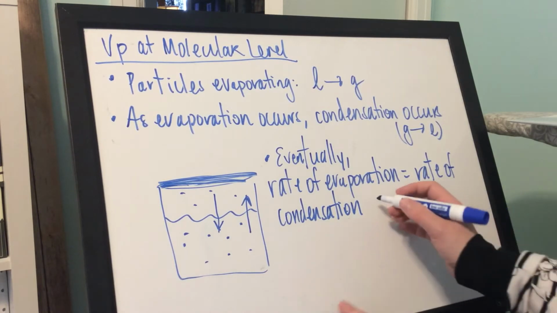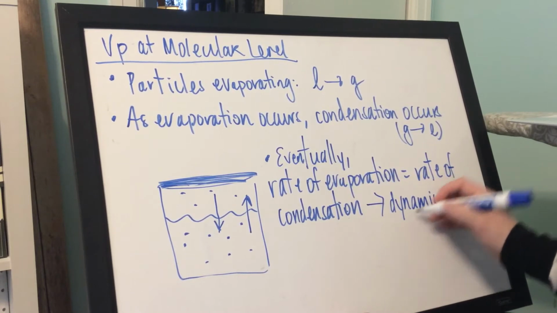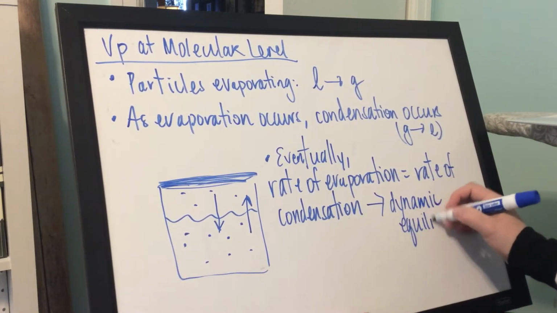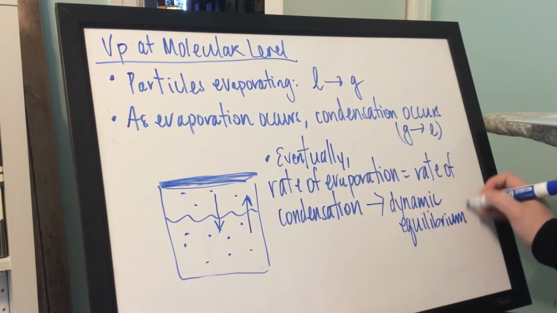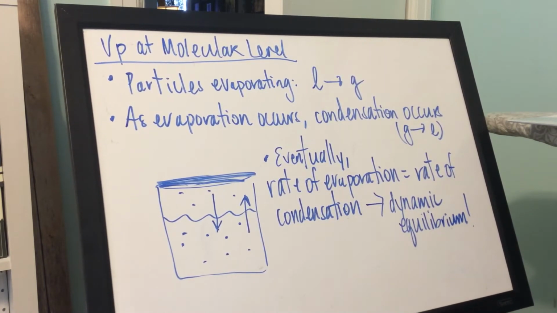And this is referred to as a dynamic equilibrium. Dynamic because there's movement. There are still particles evaporating and still particles condensing, but it doesn't look like it.